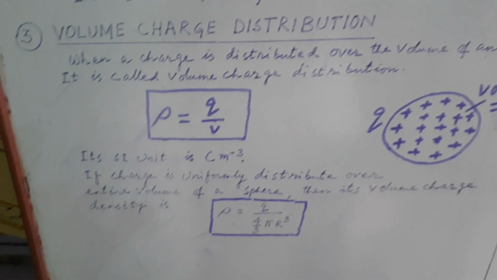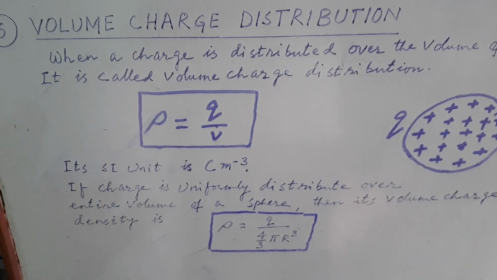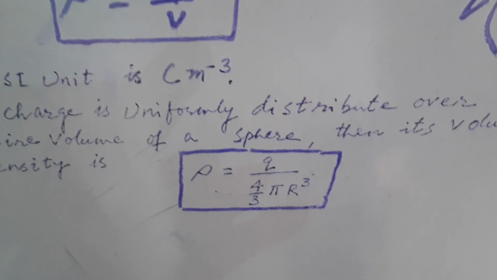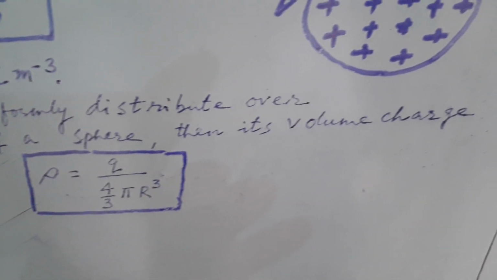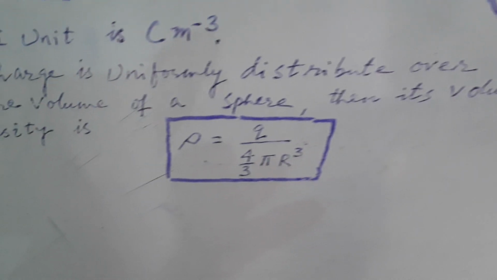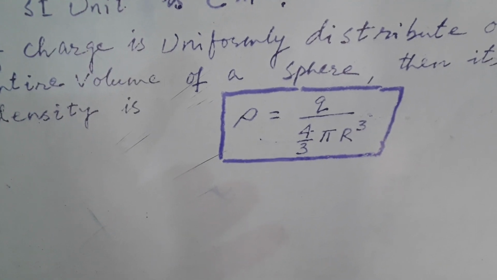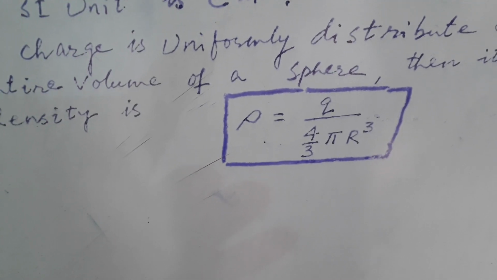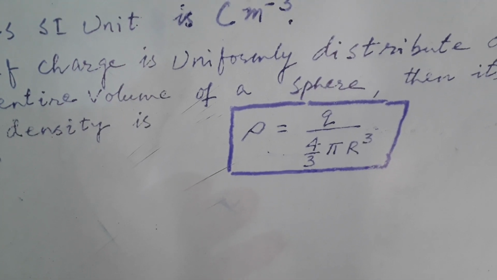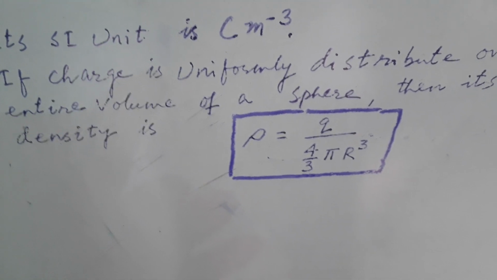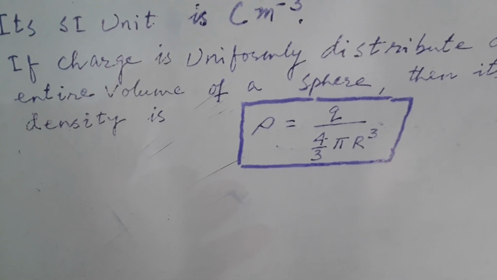Now what will happen to rho if charge is uniformly distributed over entire volume of a sphere? Then its volume charge density is rho equal to Q by V, and V in this case is 4 by 3 pi r cube, because we have considered the sphere and the volume of a sphere is 4 by 3 pi r cube.